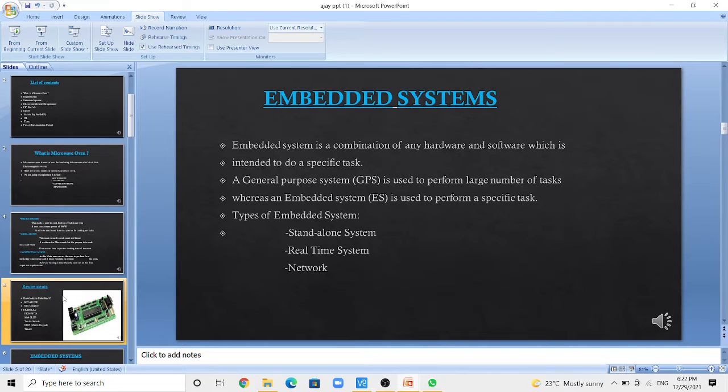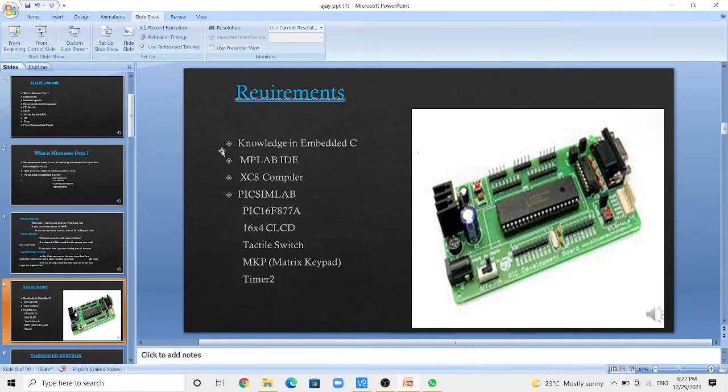After that, requirements. Up to this point we know what a microwave oven is and how its functionality works. So what is the use of a microwave oven in general daily life?